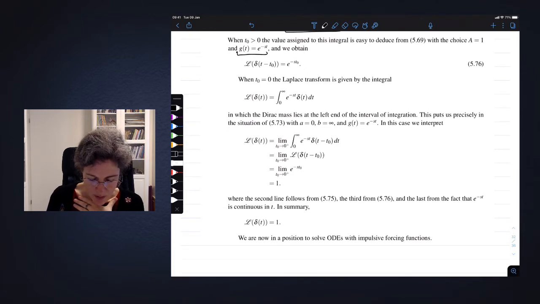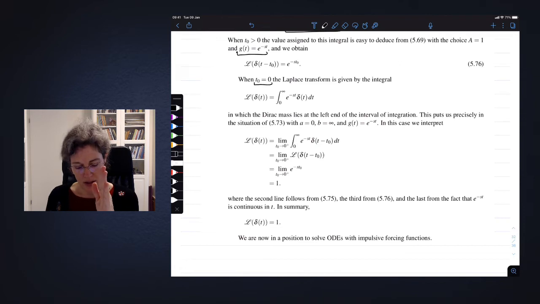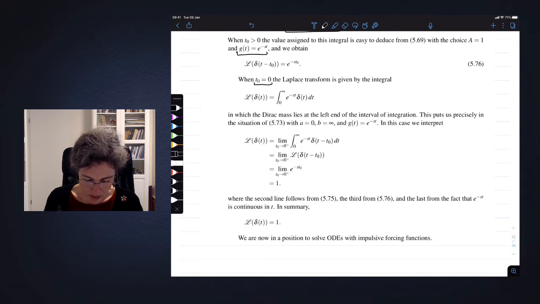If we're looking specifically at t0, where our Dirac is centered, being at 0, then our Laplace transform is just this thing over here.